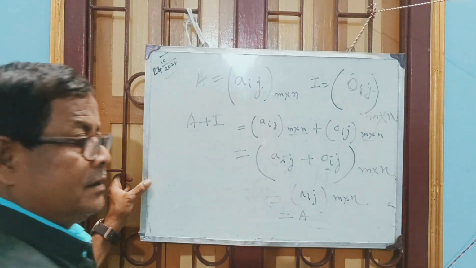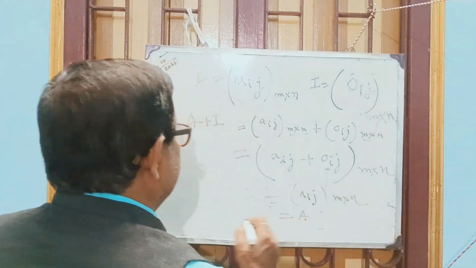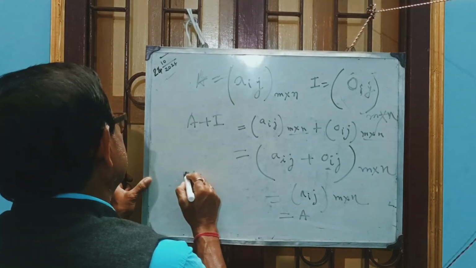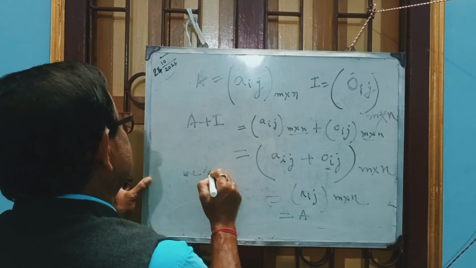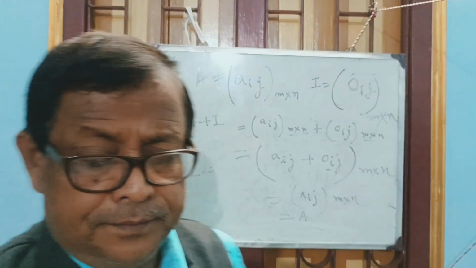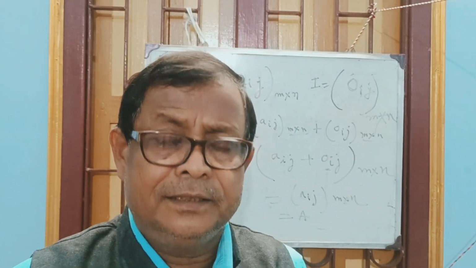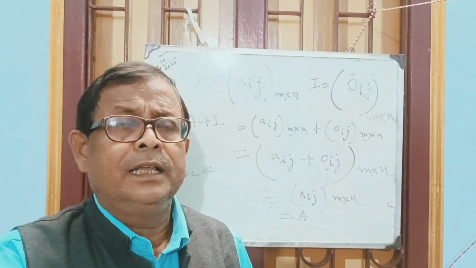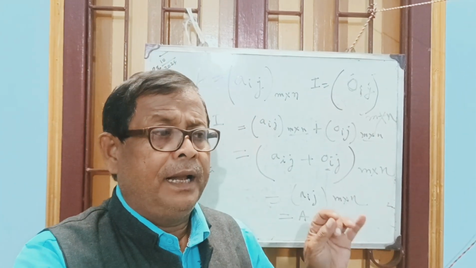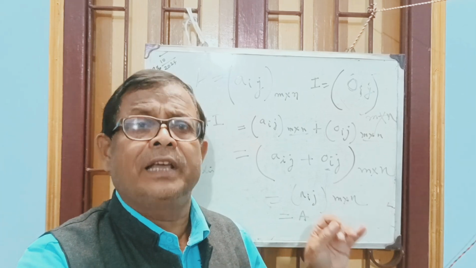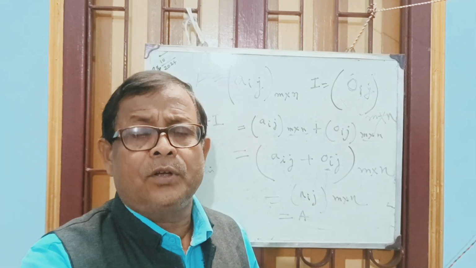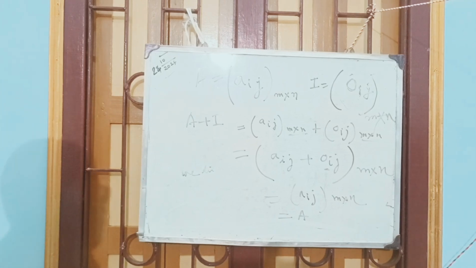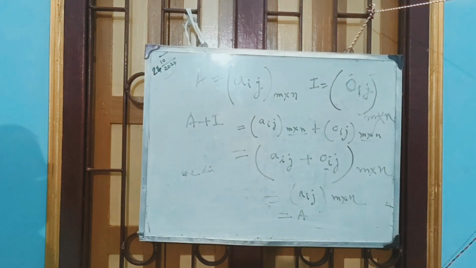Okay, next, in the next class we will discuss the other properties: multiplication of two matrices, multiplication of a matrix by a scalar, inverse of a matrix, and the solution with the help of matrices.